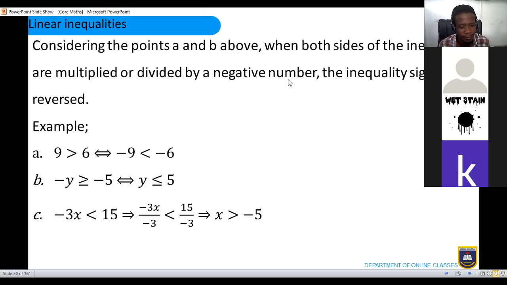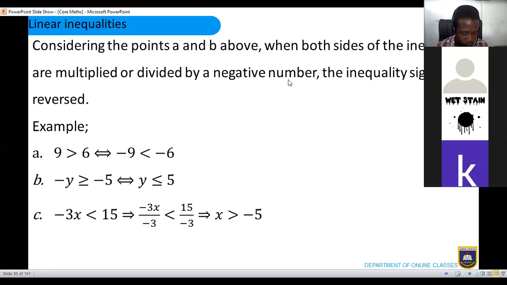Let's look at the b. Negative y is greater than or equal to negative 5. So when we use numbers to check this very well, let's say my y is negative 2.